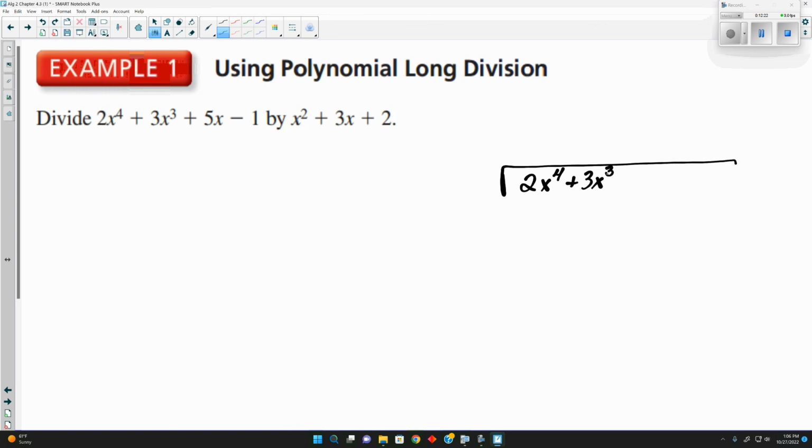So what we'll do here is add in 0x squared plus our 5x minus 1. If we have a term missing, we'll add it in with 0x. And what we're dividing by goes in front, so we would have our x squared plus 3x plus 2.